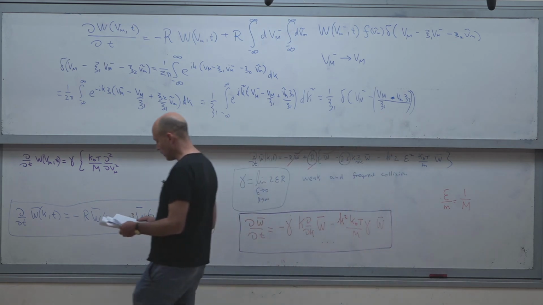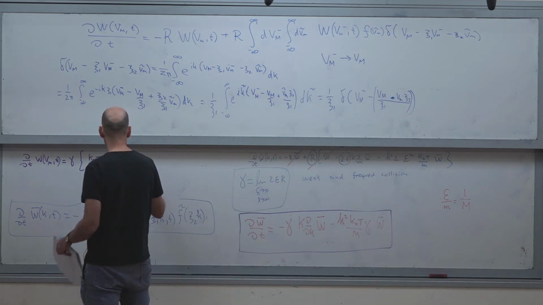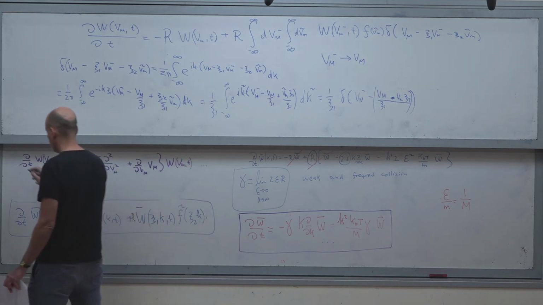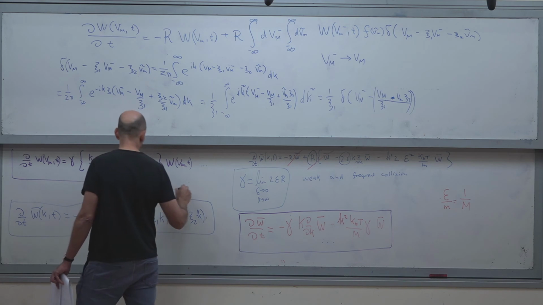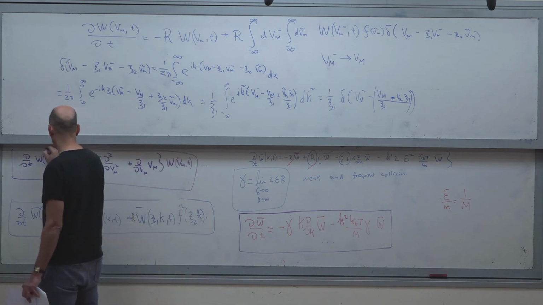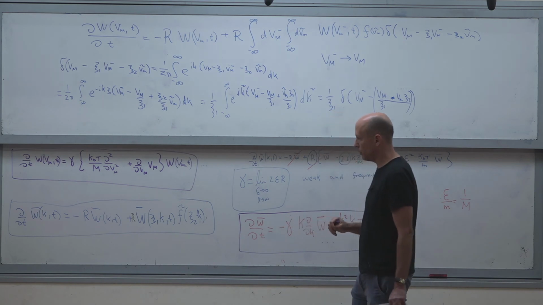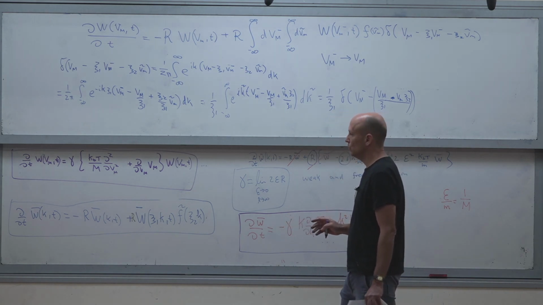And then what we get here is plus d over dv of v, w(v, t). And this is what we looked for all the time. This is the Fokker-Planck equation.